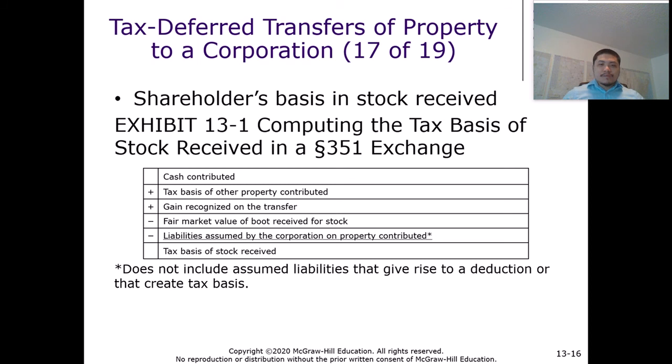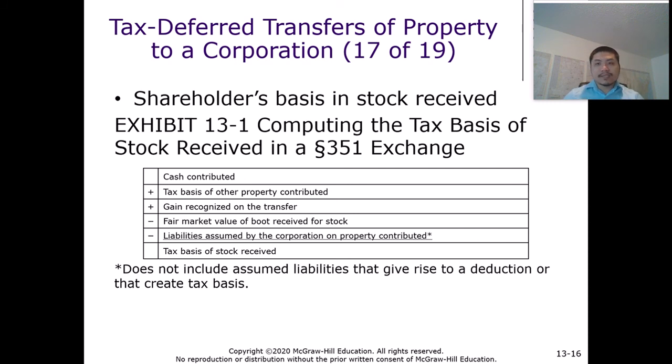All right. So next, let's talk about the shareholder's basis in the stock received, right? Remember, at the beginning of the lectures, we talked about the basis of the stock. It's going to be equal to the basis of the properties transferred, right?